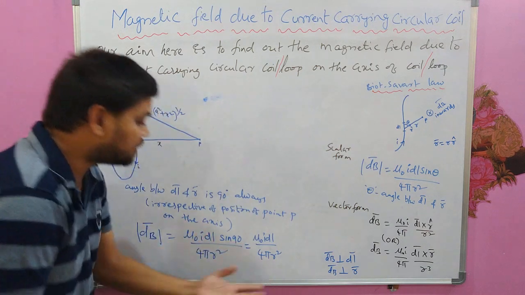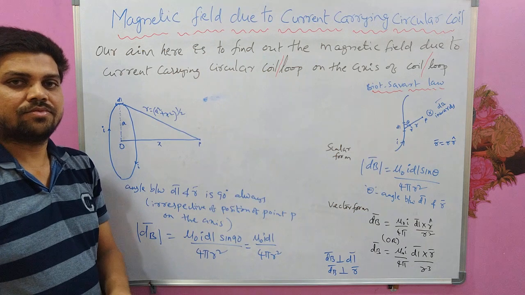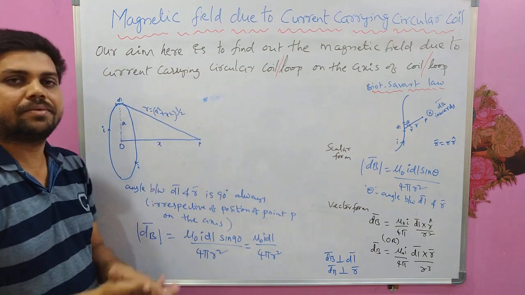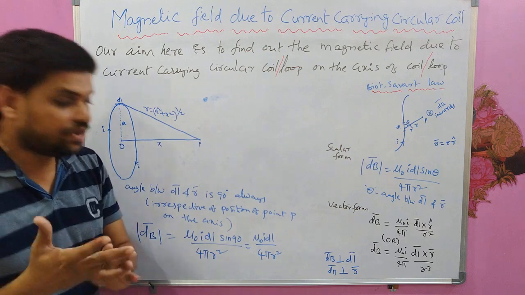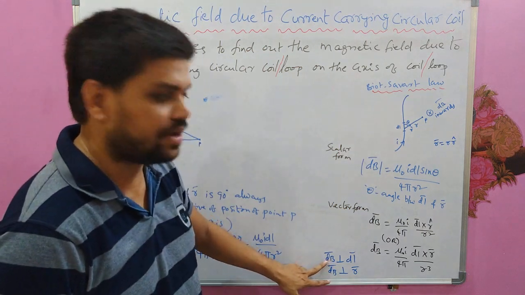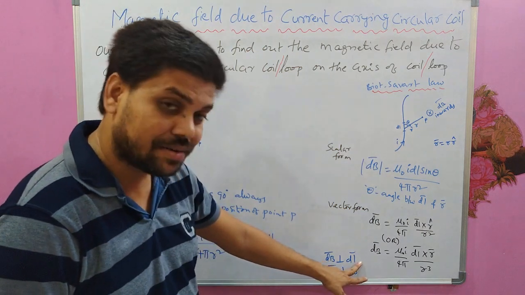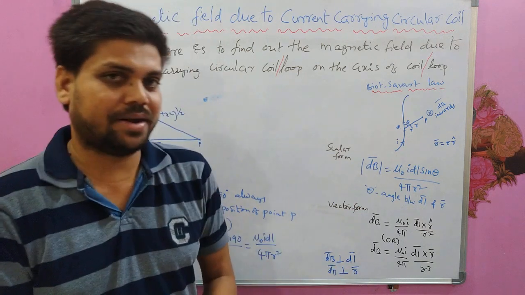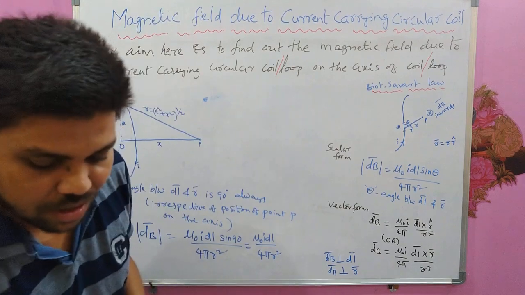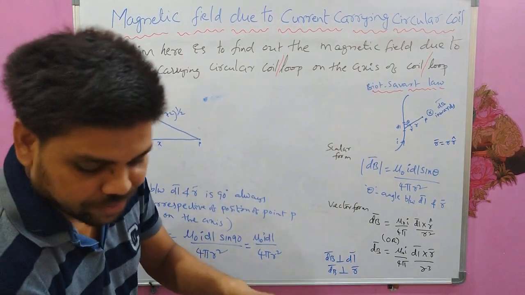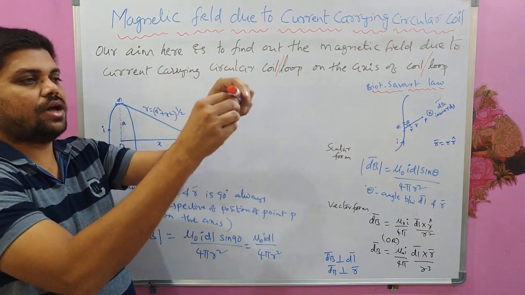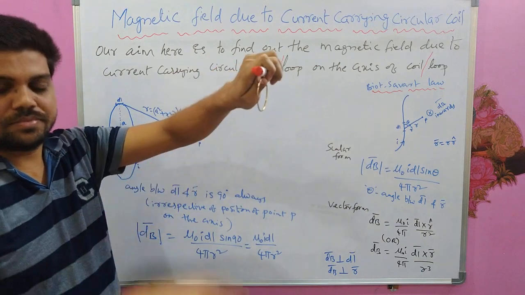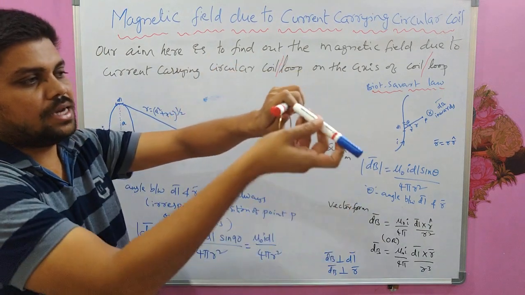Then what is the direction of it? What is the direction of this magnetic field at this point P? We know that the magnetic field is perpendicular to DL, as well as perpendicular to R bar. Then how it is going to be? So this is the circular coil and this is DL here, and R is here.